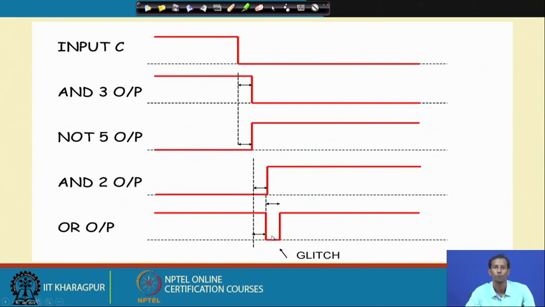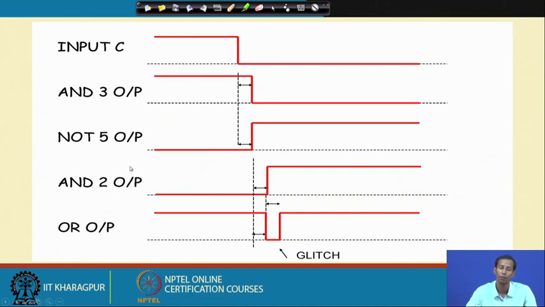So, this is basically the glitch, and this is a static 1 hazard. Why? Because though the output should remain 1, it momentarily changes to 0. So, that is why this is a static 1 hazard, which happens in the case of sum of product.